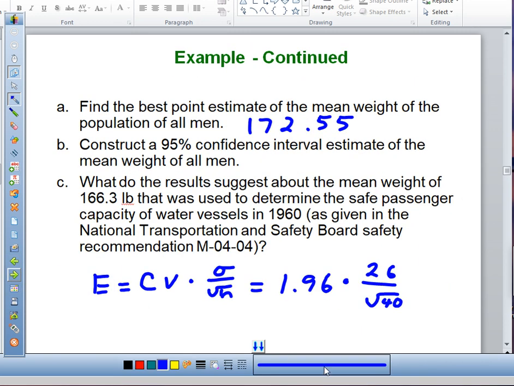Okay, so everybody take a minute and calculate what those numbers are. And again, I would start from the inside out. So I'd start with the square root of 40 first, and then you take 26 and divide by that number.